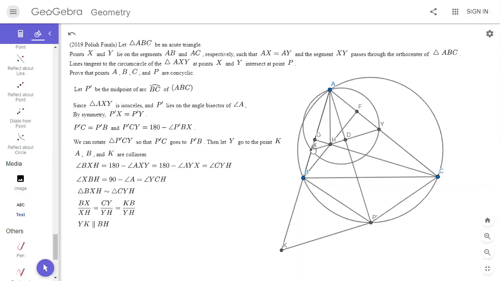So BX over XH is the same as KX over XY, since those two are parallel. And we want to show that's PX over XA.